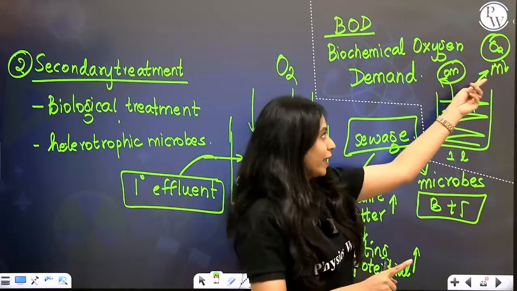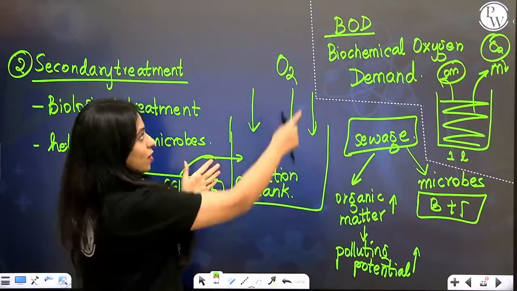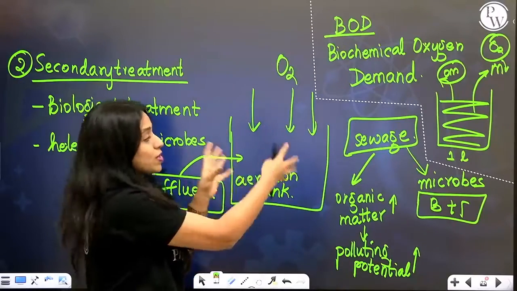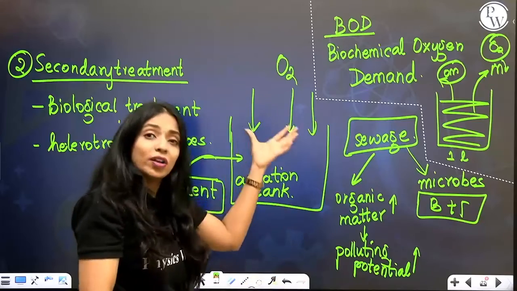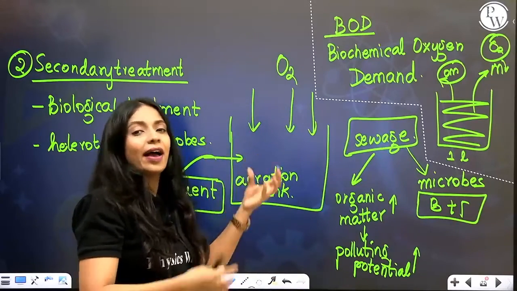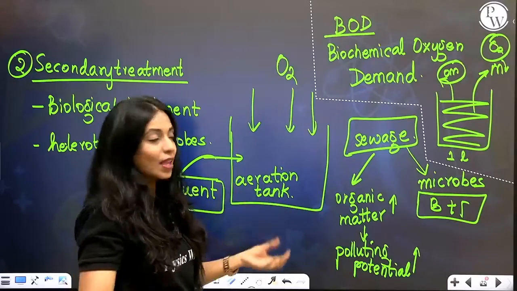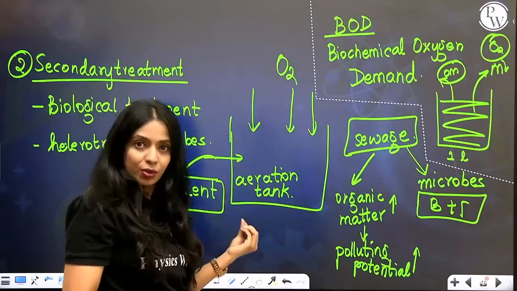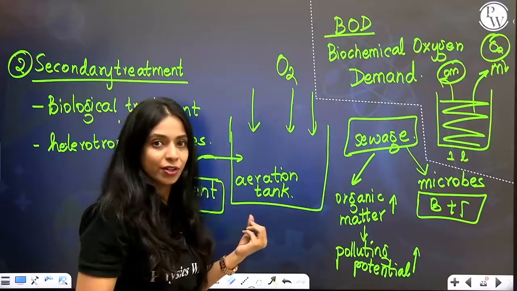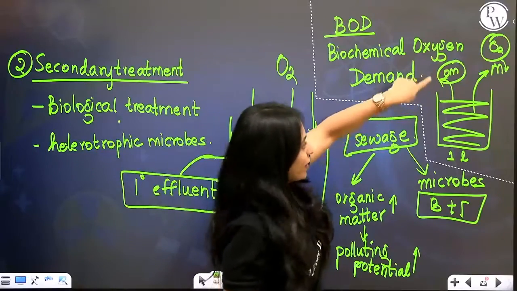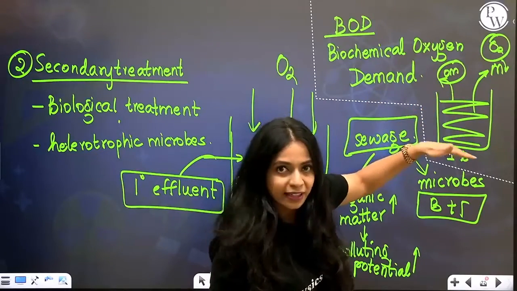As these microbes that are present in the sewage will start making use of oxygen and using the organic matter, the organic content here will come down. The number of bacteria and fungi will start increasing. As the organic content will come down, its BOD will reduce, its polluting potential will reduce. So what basically happens during secondary treatment is the organic matter content in sewage will decrease.